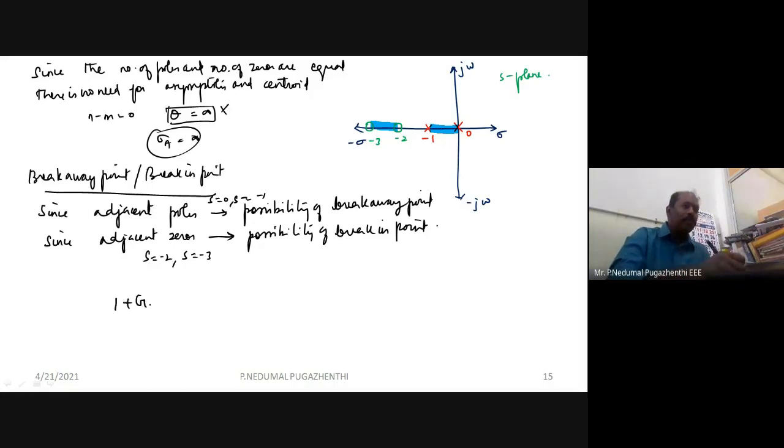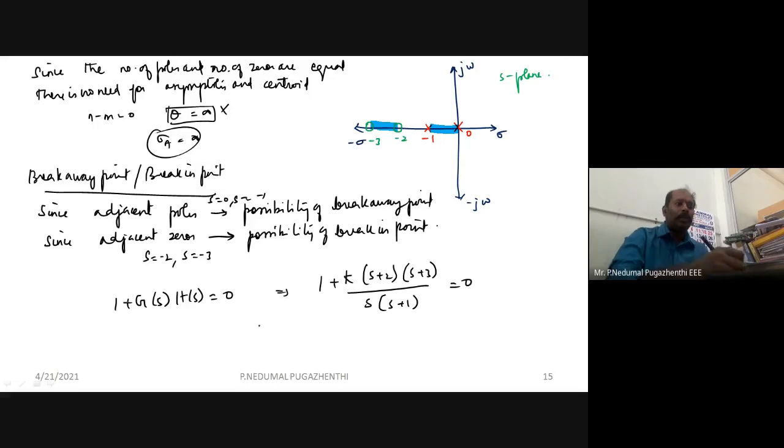You go for your characteristic equation, 1 plus G(s)H(s) is equal to 0. Now, you substitute that, which implies 1 plus K, numerator s plus 2, s plus 3, divided by s into s plus 1, is equal to 0. So, which will provide me s into s plus 1 plus K into s plus 2 into s plus 3 is equal to 0.